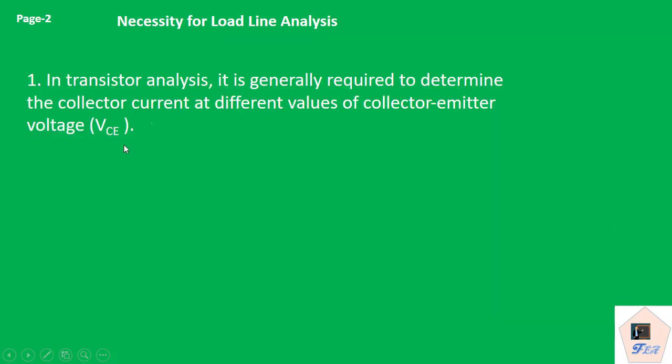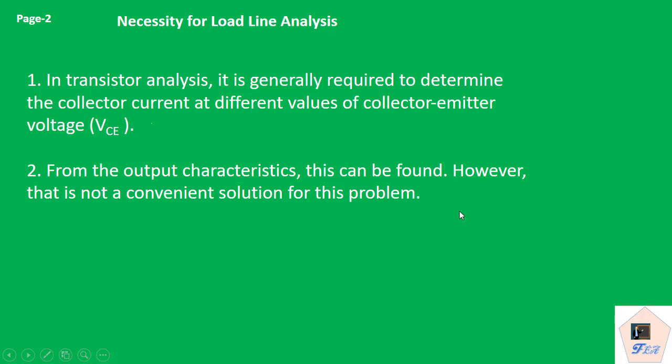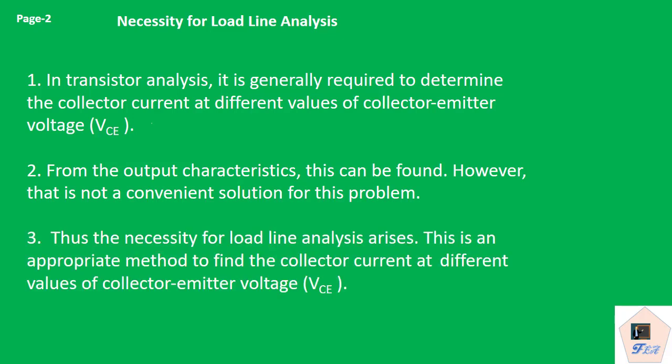It can be found from the output characteristics, but that is not a convenient solution. A better, more appropriate method to find the collector current at different values of collector emitter voltage is the load line analysis, and hence there is a necessity for it.